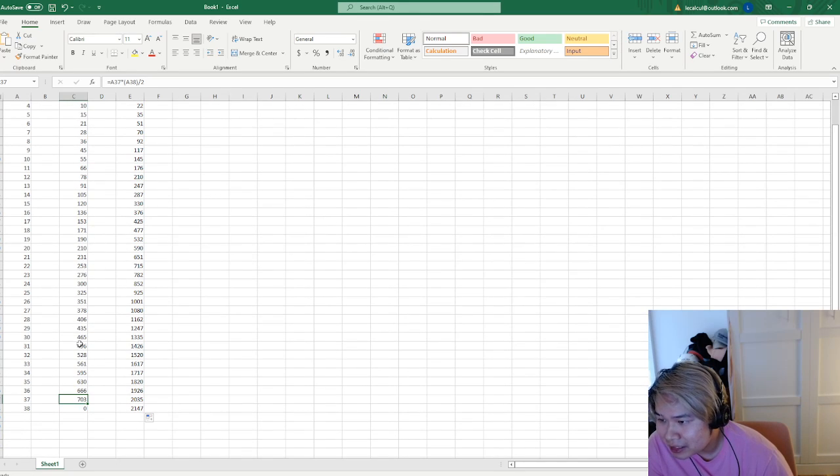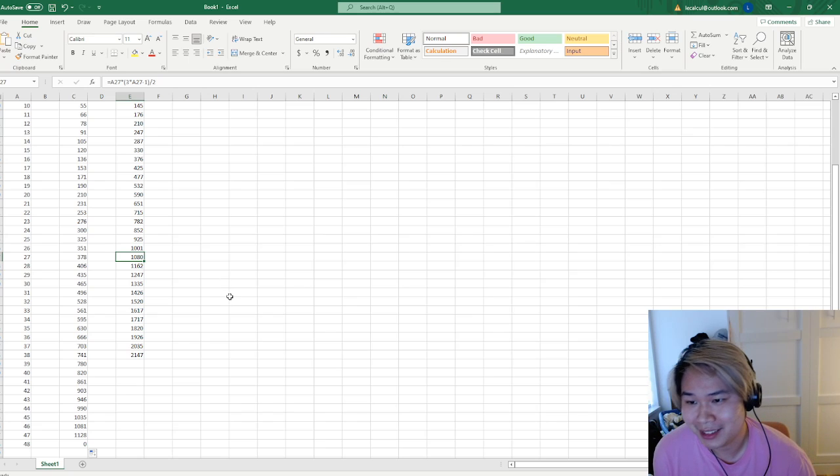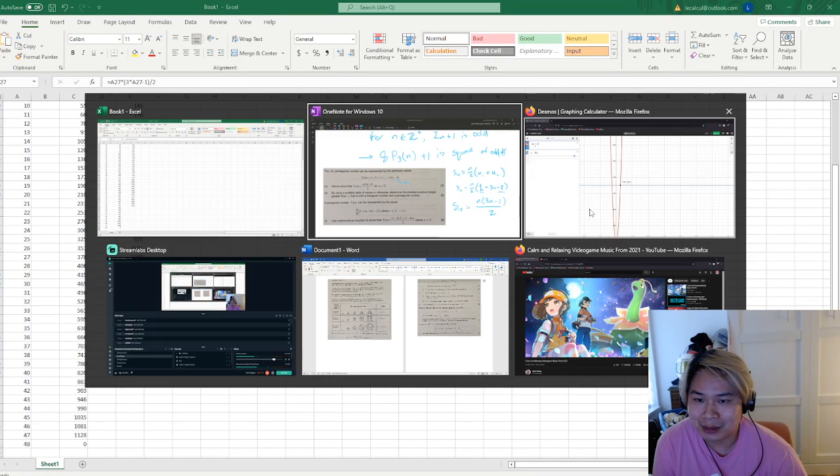I'm trying to find something that's a triangular number and a pentagonal number. I mean, I guess I could just graph it and do this the faster way. Screw this. Oh well, that's still so stupid. Why would they ask you to do a table?